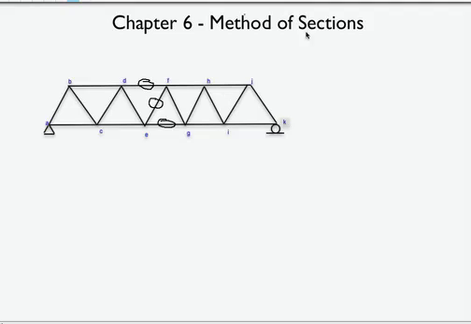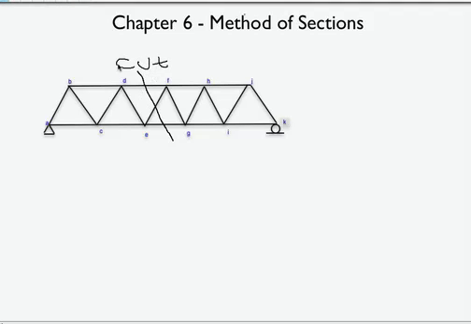Or we could do this alternative method, which is called the method of sections. In this method, we think about cutting open the truss and just analyzing that directly. I'm going to draw this line right here, and we consider it to be a cut.